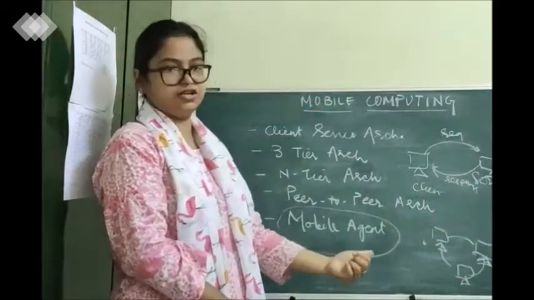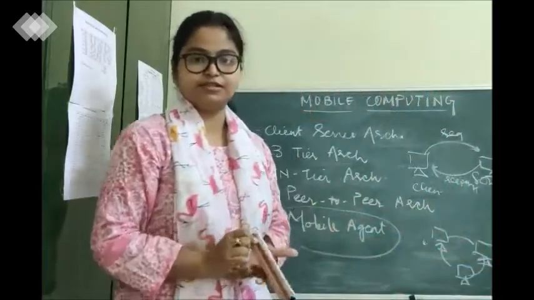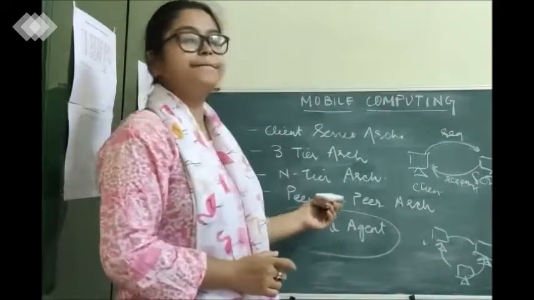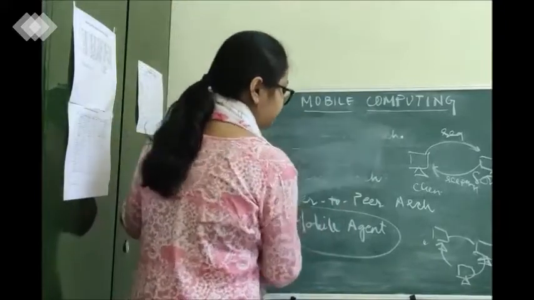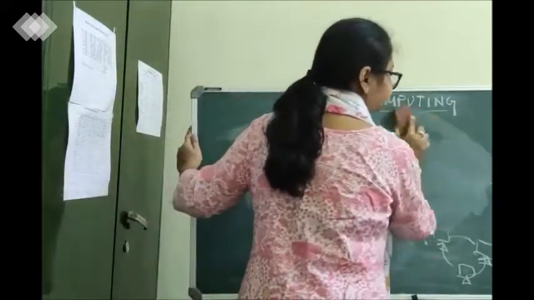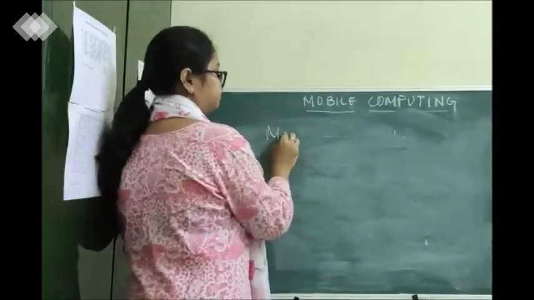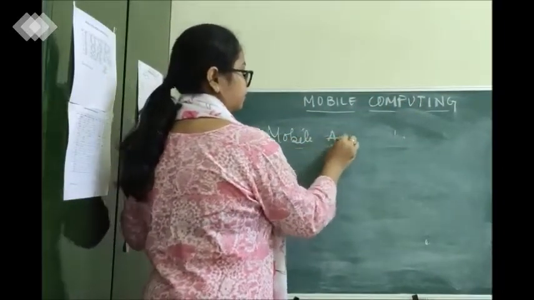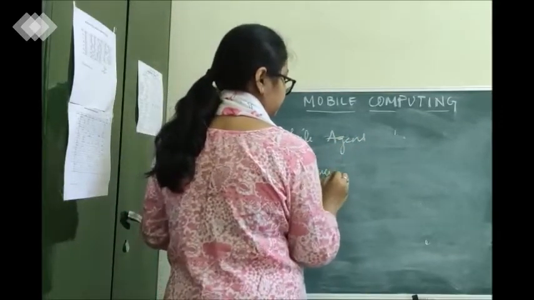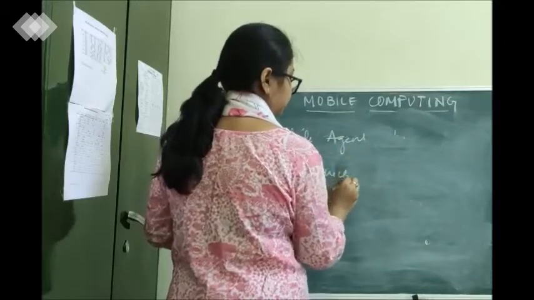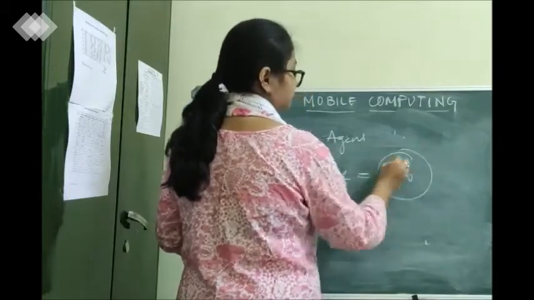But in mobile agent architecture, whatever service you want is made available to you in the form of software. So what happens in mobile agent architecture? In mobile agent architecture, the service is available in the form of a software.